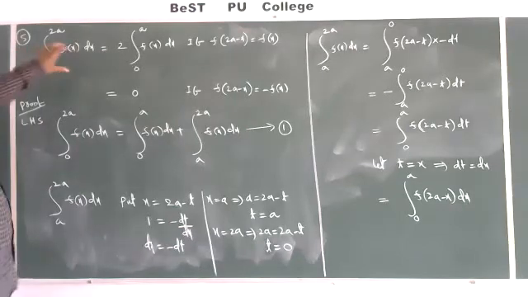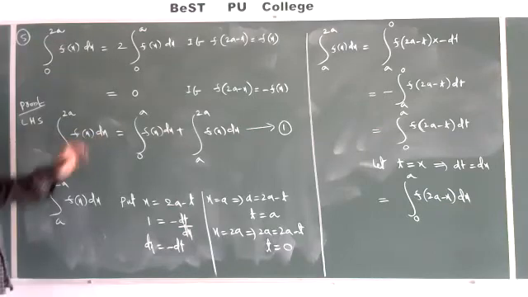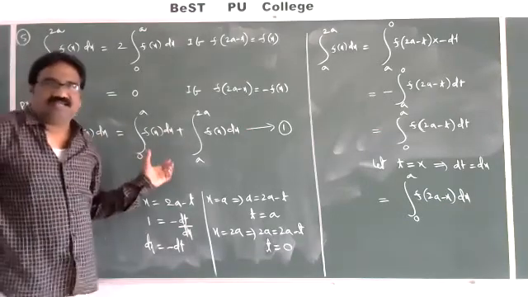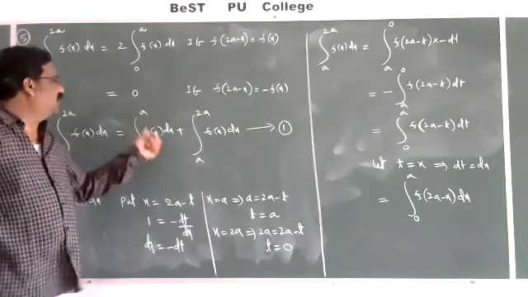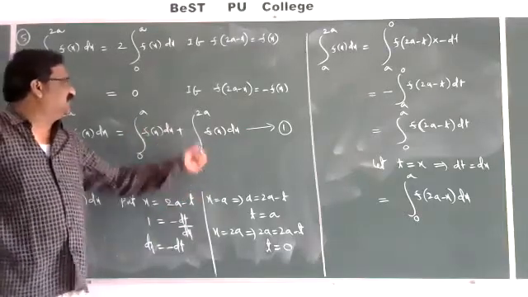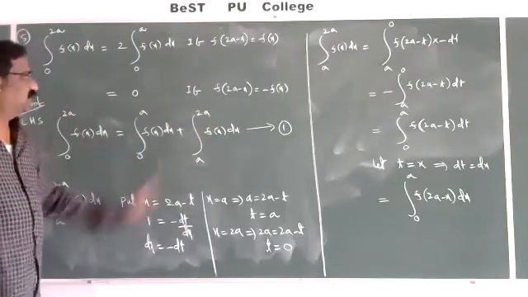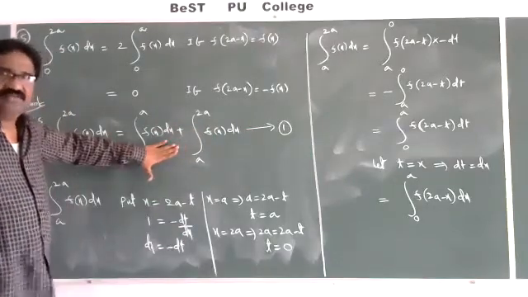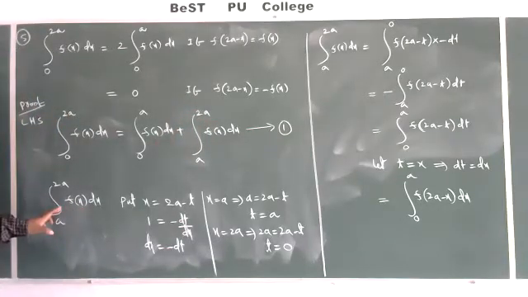So the first integral, 0 to 2a f(x) dx, we split into two integrals: integral 0 to a f(x) dx plus integral a to 2a f(x) dx, by using the second property. In this equation we are taking this integral separately.